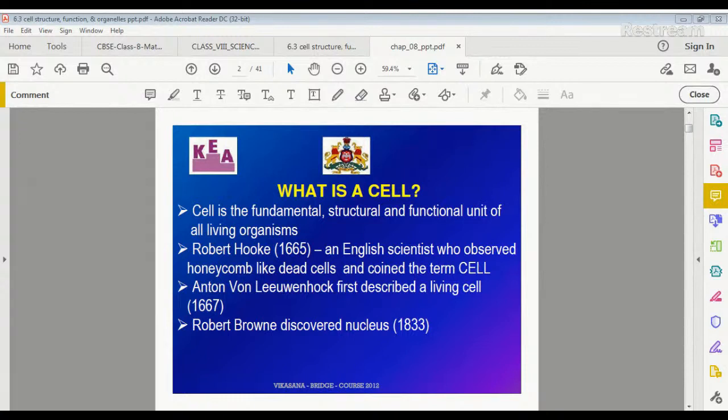Cork is a part of the bark of the tree. He took thin slices, not thick, because if he took thick ones, he would not be able to see them.